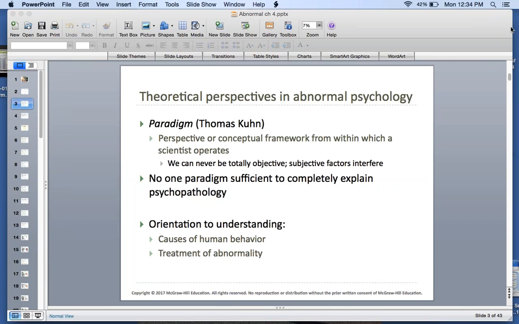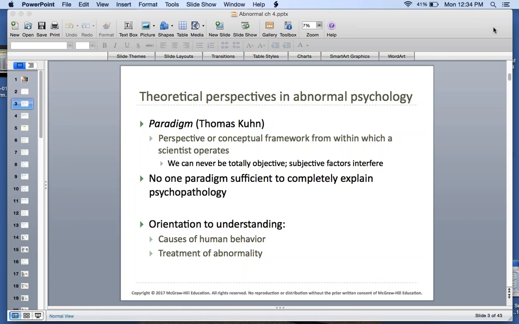So just to kind of start here, we have this word that we use called paradigm, right? And a paradigm is just a conceptual framework. It's a way that we think about things. And we often talk about sort of paradigm shifts. People in society believe one thing strongly and they feel a lot of value in something.